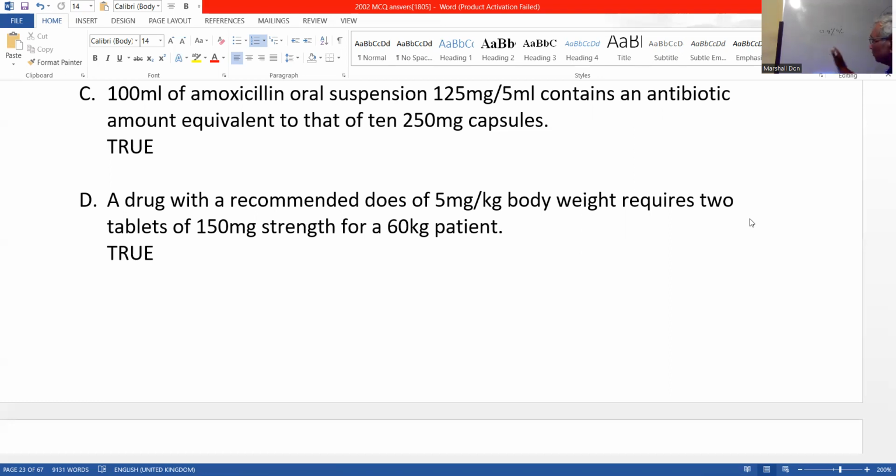So 5 milligram per kilogram multiplied by 60 kilograms. The kilogram cancels. That is 300 milligram. So 2 tablets of 150 milligram, into 2, is equal to 300 milligram. It is true.